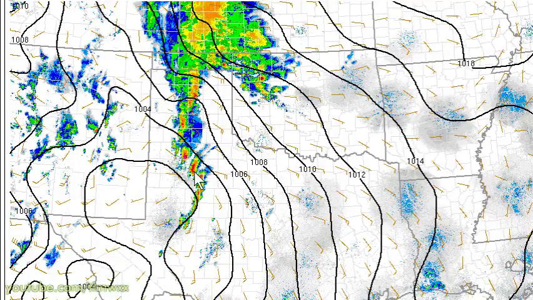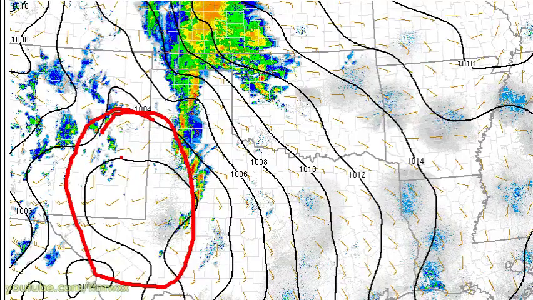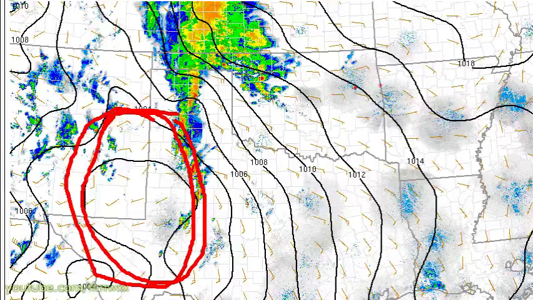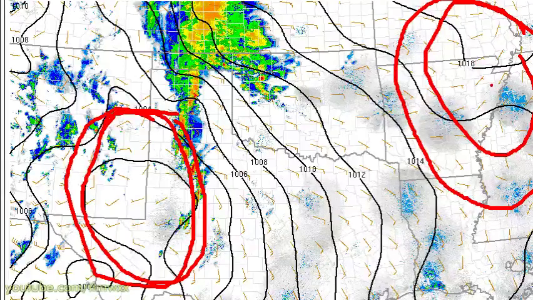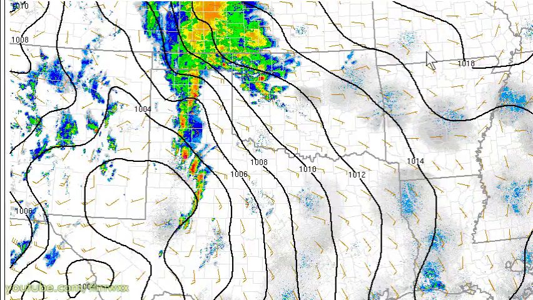And you can see that the dominant pattern we have is a large cyclone out in New Mexico, a large low pressure area. And then on the other side of the picture, out in the Mississippi River Valley, we have high pressure. You'll notice that the center of the high pressure area is kind of to the north.